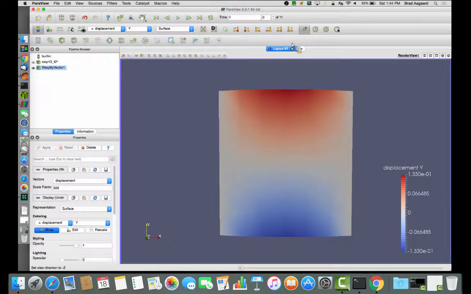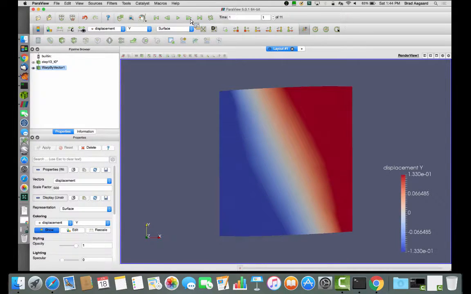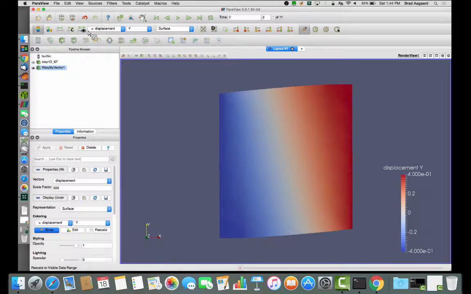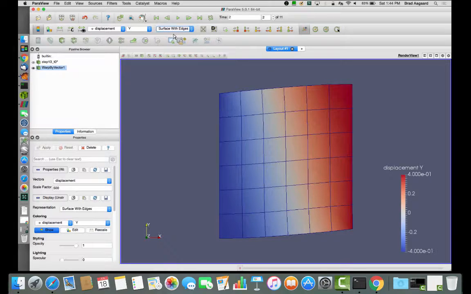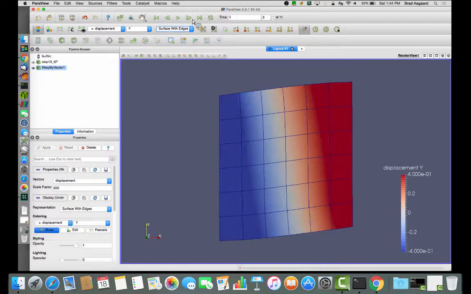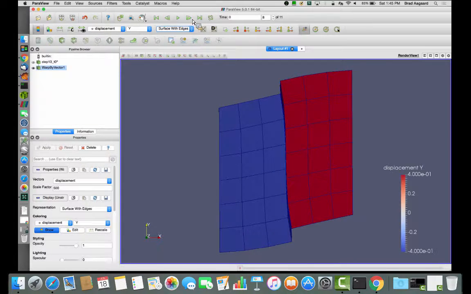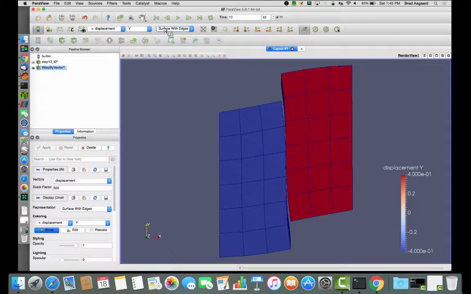Oh, I want to look down Z. There we go. So this is going to involve a lot of rescaling. Let's do the surface. So we haven't slipped yet. Haven't slipped. Building up a lot of stress there. We slipped once. Slipped some more. Building up more stress. Slipped. And that's where it ended.